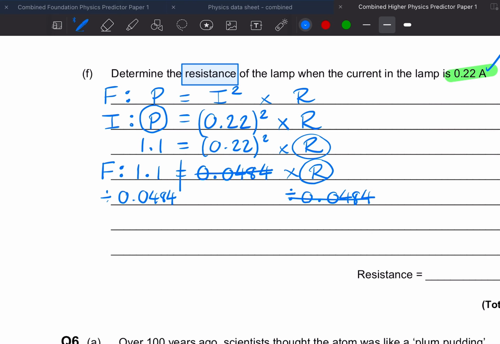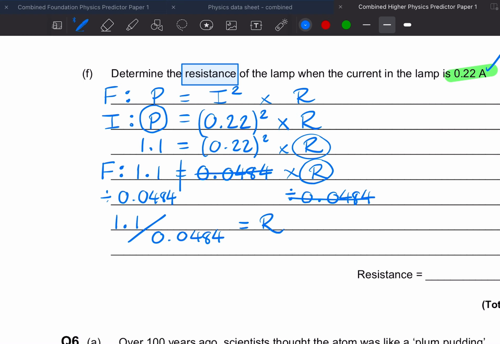So we end up with 1.1 divided by 0.0484 is equal to R. I like to use the fraction function.